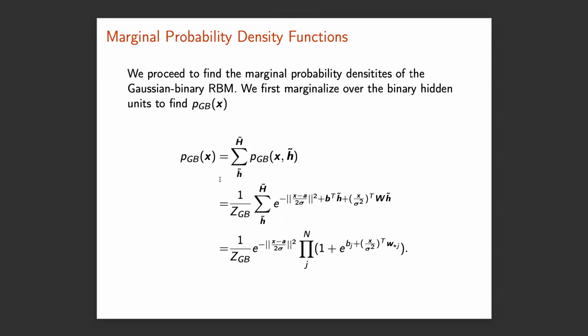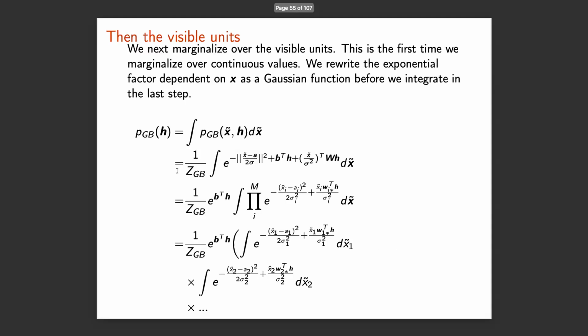So again, you would sum away all the hidden nodes because you want a trial wave function. So the trial wave function is going to be proportional to this probability. And then when you do that, these are just the derivations, which I'm just going through here. So it's the same as before.